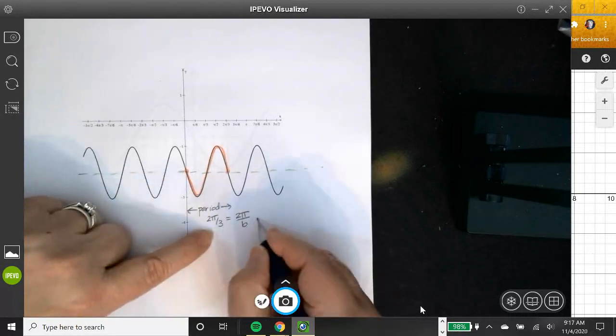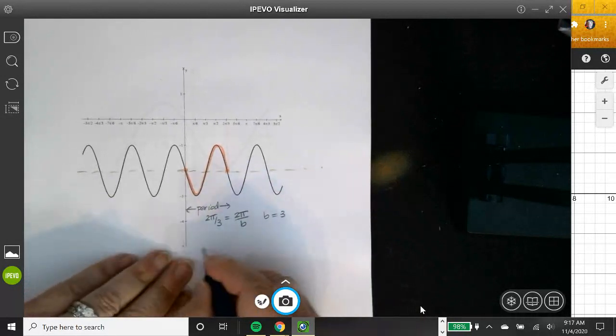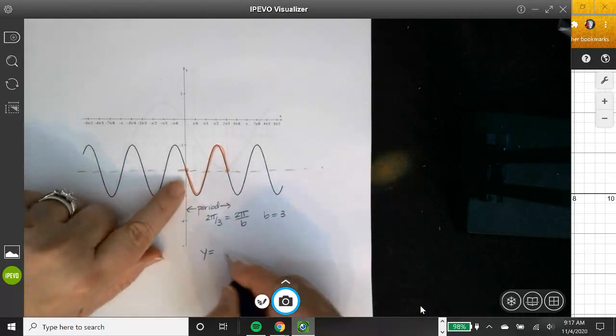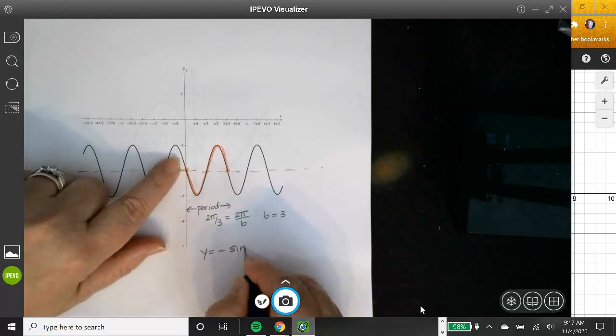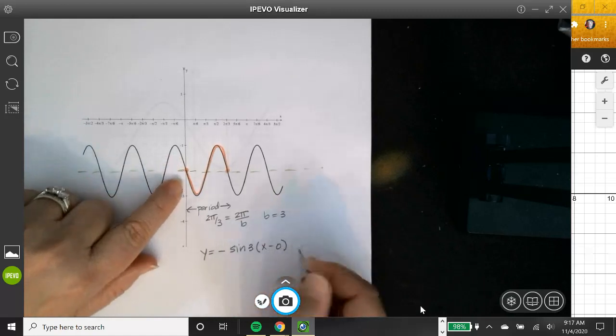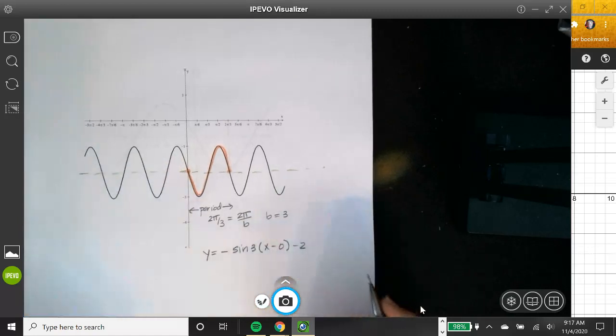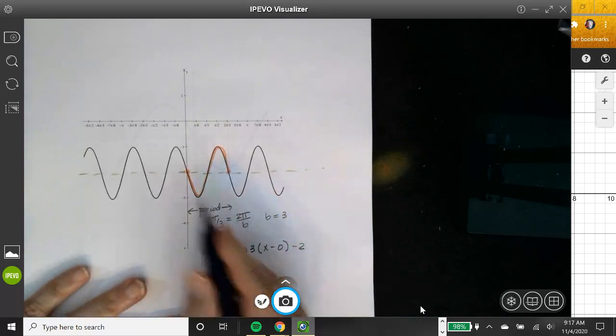So what does b have to be? Well, that's no mystery. B has to be 3. Okay, so let's name it a sine curve that's negative. So it'd be negative, the amplitude is 1, sine of 3 times x minus 0, minus 2. All right, because I have no phase shifts.